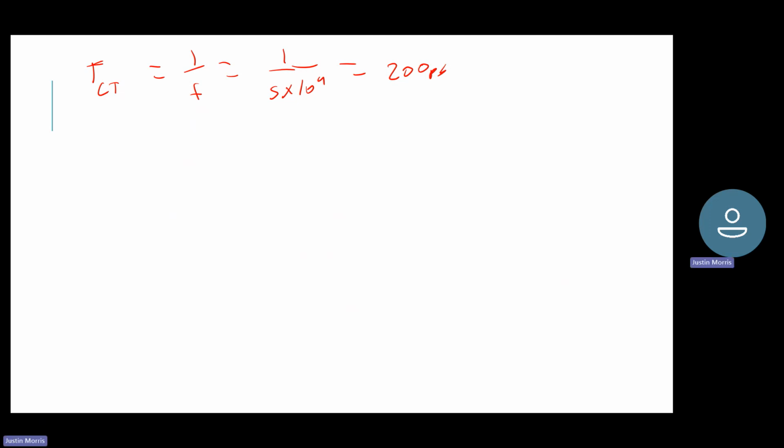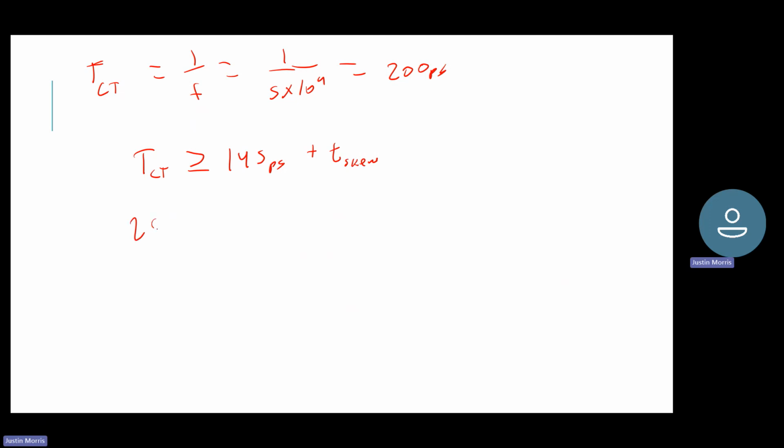So then the question is, what is the maximum clock skew that we can tolerate? Well, what do we need our cycle time to be greater than? So we need cycle time greater than or equal to 145 picoseconds plus skew, right?